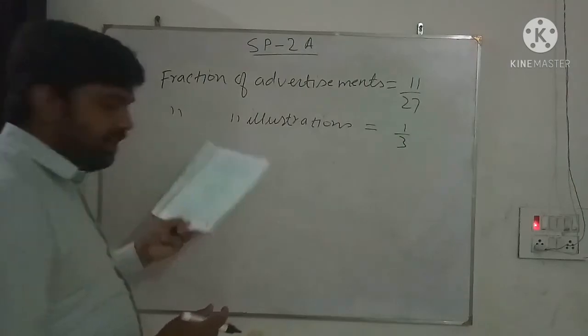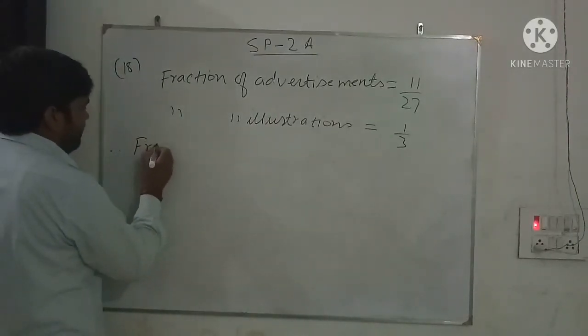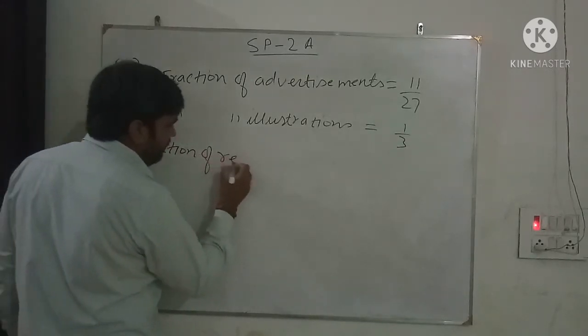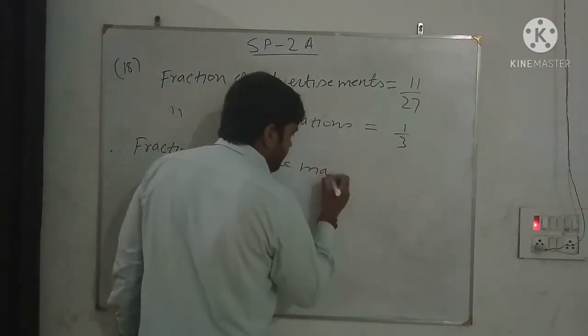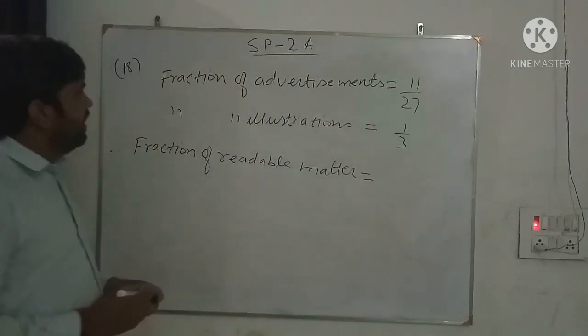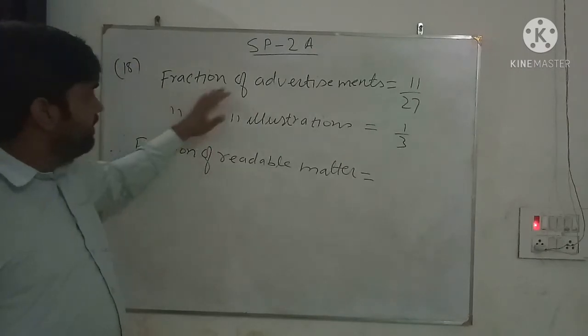Now the fraction of readable matter. So we subtract. Therefore, fraction of readable matter equals to... Here, what is the meaning of this? Advertisements means on a page, some advertisement is given.